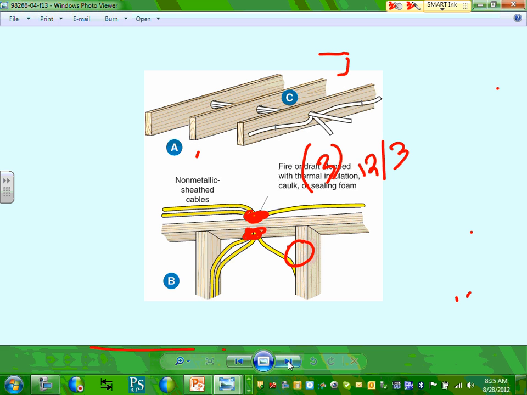And let's just say we have 6 hots in this case, and if the neutral is carrying current, depending how we wire it, it's going to be carrying the unbalanced. So at least it's going to have 6 current-carrying conductors in this case. So you have to do it.